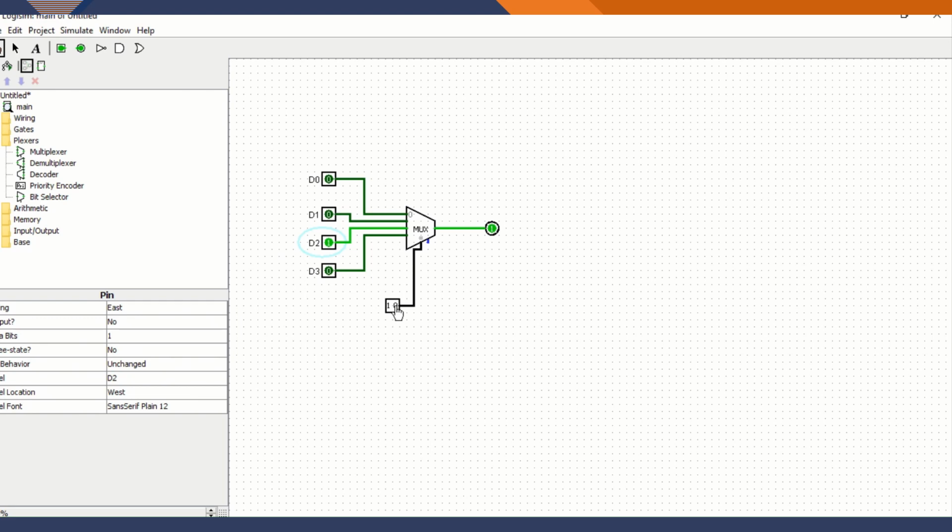Now I am going to change S1 equal 1, S0 equal 1. This time my output is Y equal D3. Here I change D3 equal 1. See my screen, my output is Y equal D3.